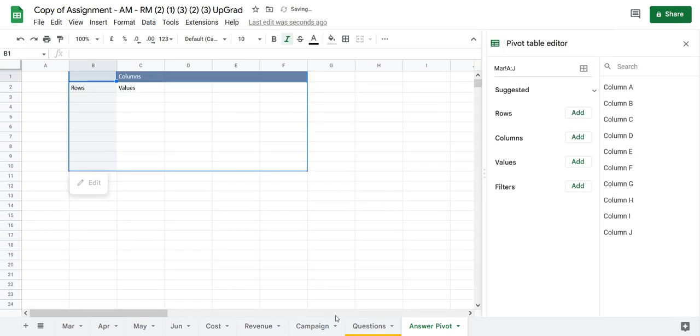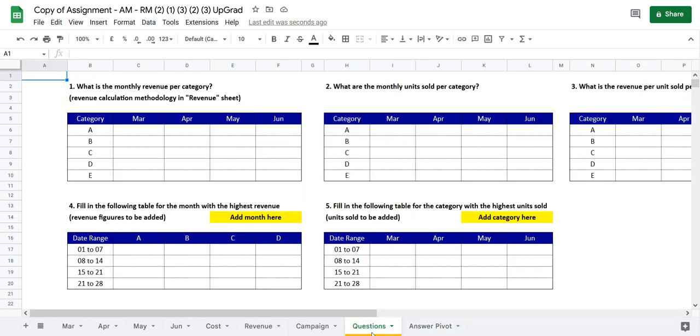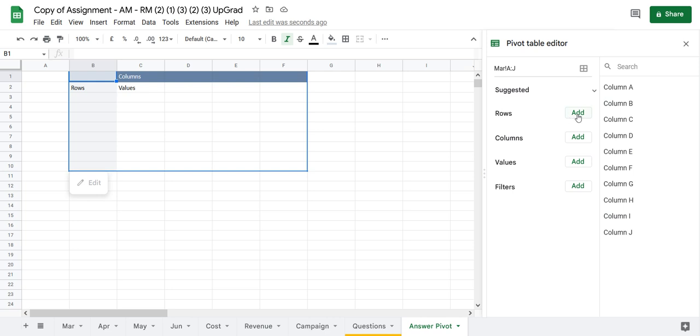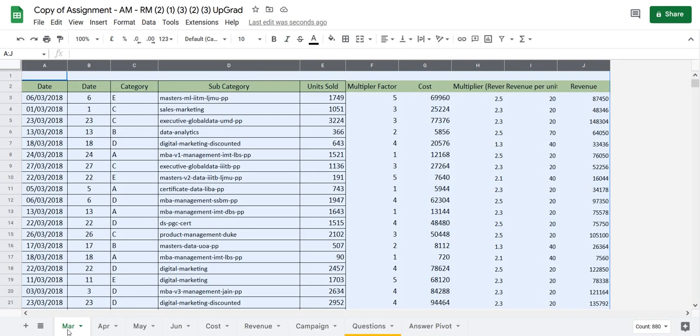So what is the question? We have to find out monthly revenue per category. First, in the rows we will add month.